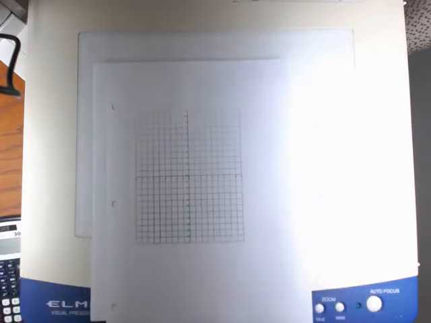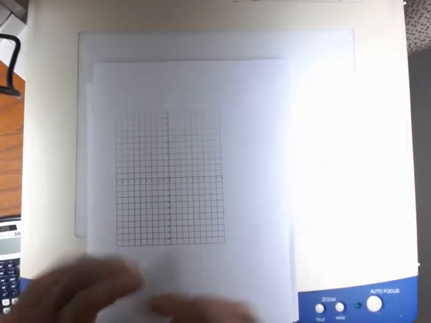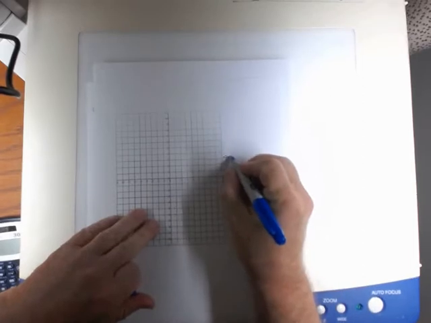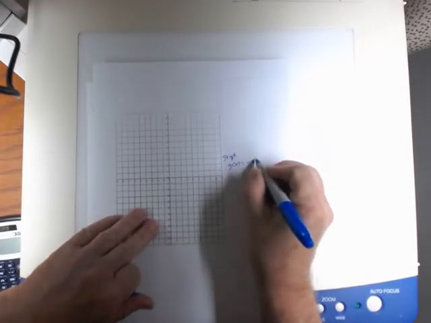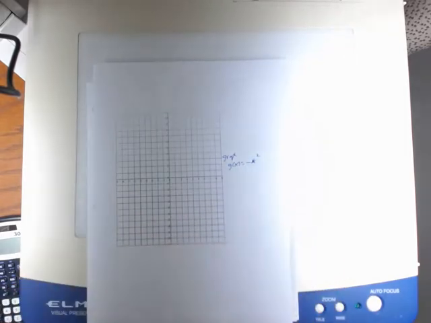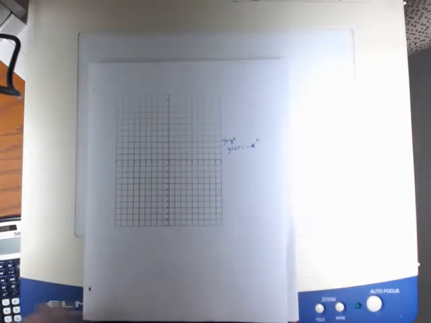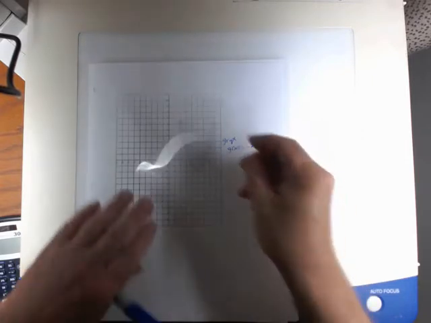So if I want to graph g of x, which equals negative x squared, okay? If I want to graph that, first of all, I had to graph x squared. That's this.